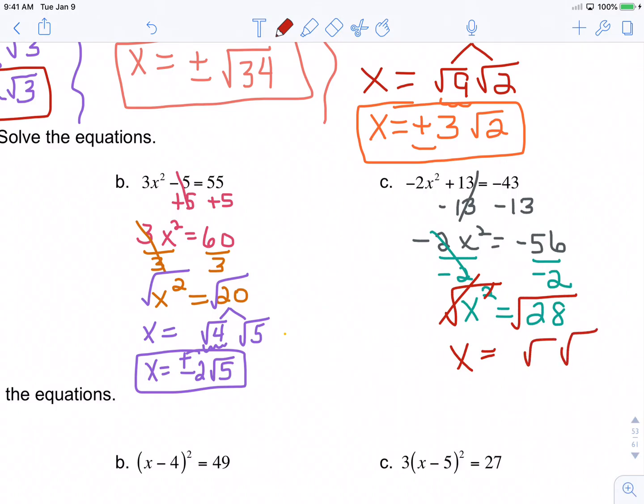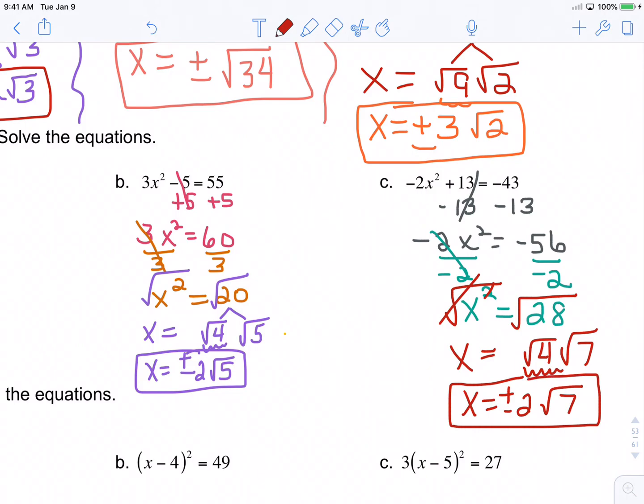So think about the perfect squares. 4 times 7 make 28. The square root of 4 is a perfect square, and it becomes 2. Square root of 7 stays. The last step is to put a plus or minus sign in front of the answer. So x equals plus or minus 2 square root of 7.